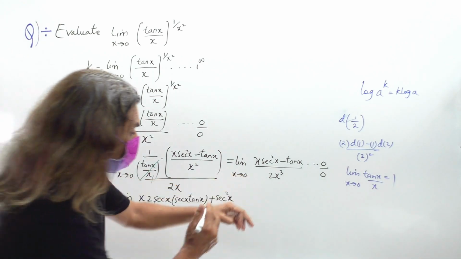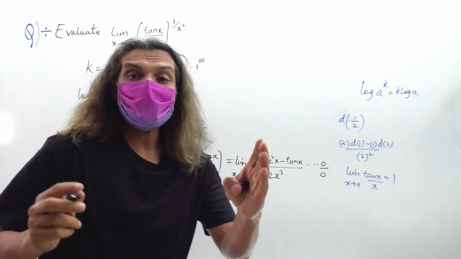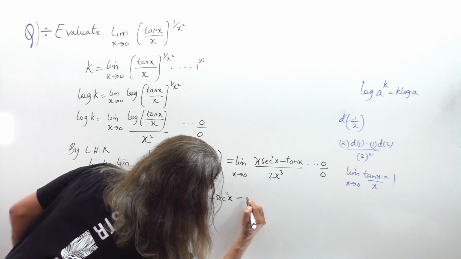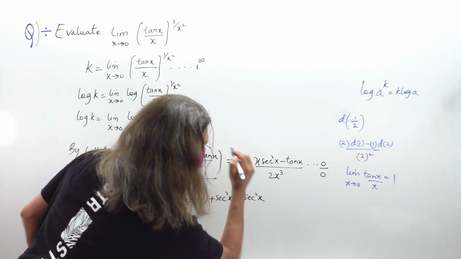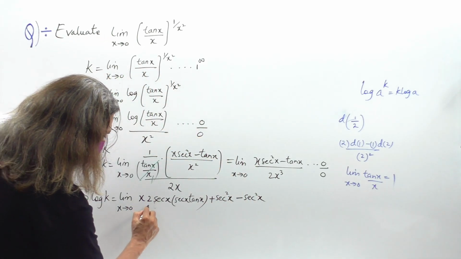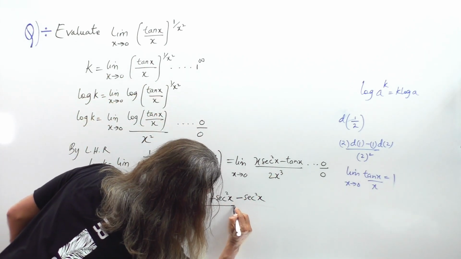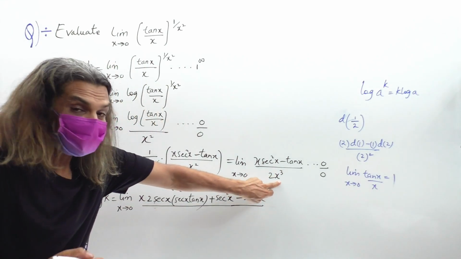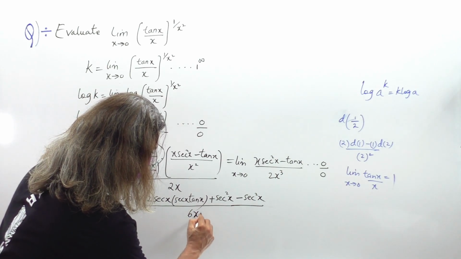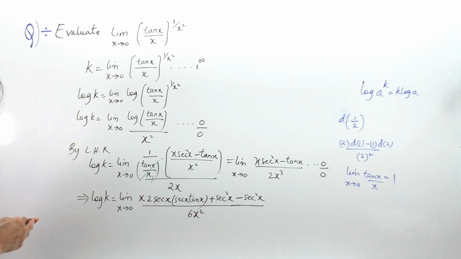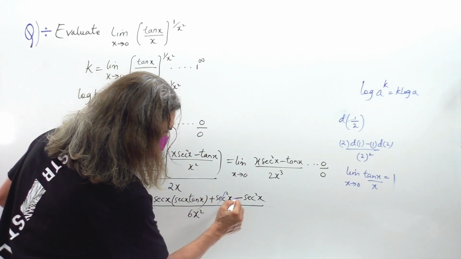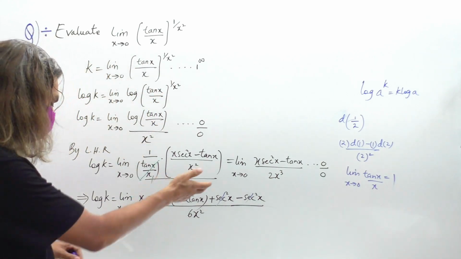Now minus again, what's the differential of tan x? Nothing but secant square x, whole divided by what is the differentiation of 2x cube? Nothing but 6x square. That's it. Now here again what happens? See, plus secant square minus secant square cancels. So what remains?